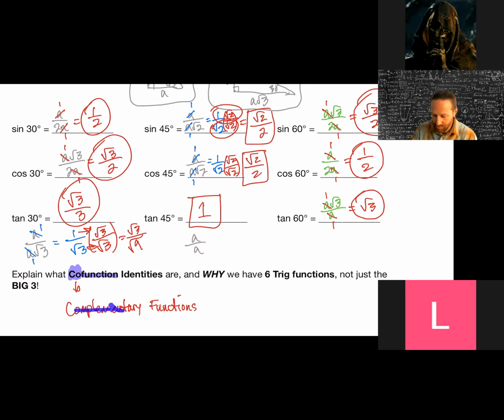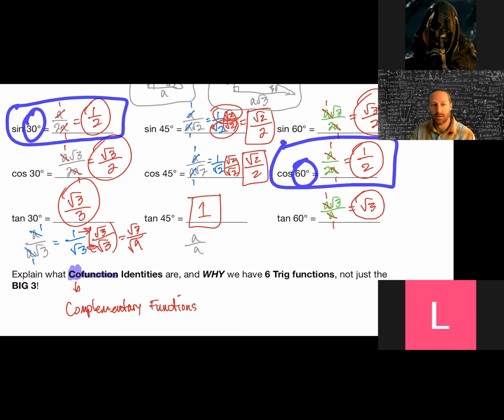They just smashed these words together and called them cofunctions. Why cofunctions? Look at the angles of sine and cosine. And if they are complements, remember complementary was when they added up to be what? 90. Then notice their ratios are the same.